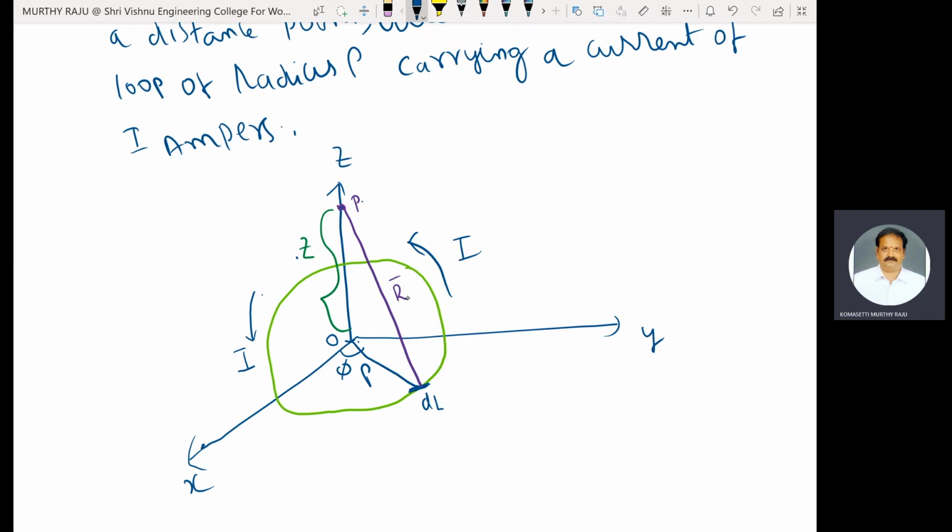Let r bar be the vector, the distance between this current element dl and point P shown in the figure.